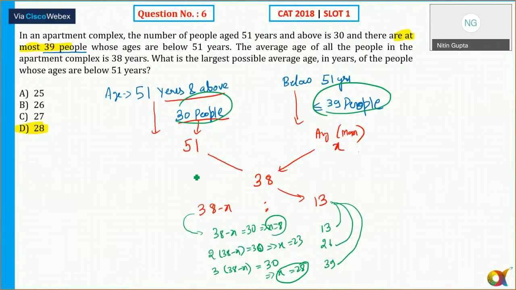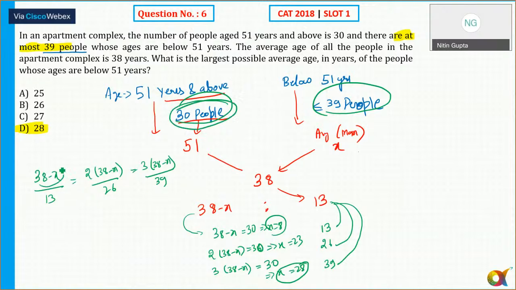So I can write the number of people in the ratio 38 minus x by 13. Okay, it should be in this ratio. The next multiple is 2 into 38 minus x upon 26. The next multiple is 3 into 38 minus x upon 3 into 13, that is 39. And this numerator is the 30 people, this is equal to 30 people.